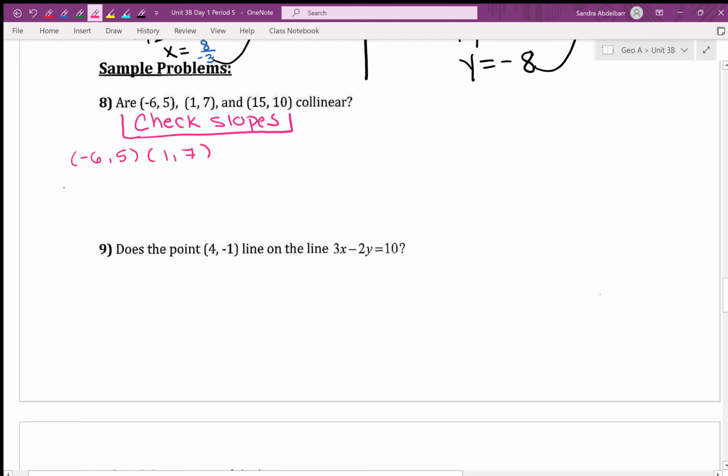So I'm going to check the slope for -6, 5, and 1, 7. And remember, how do we find slope? y2 minus y1 over x2 minus x1. So I'm going to call the first parenthesis x1, y1, the second parenthesis x2, y2. So then we are going to have 7 minus 5 over 1 minus -6.